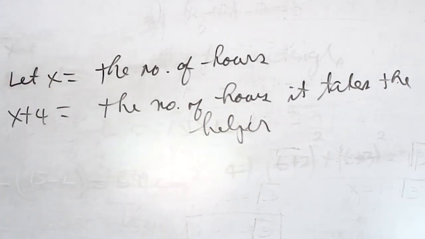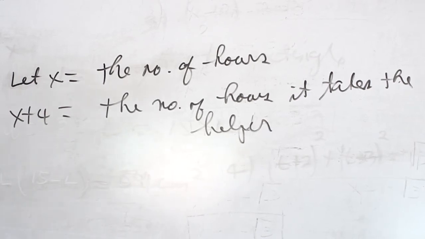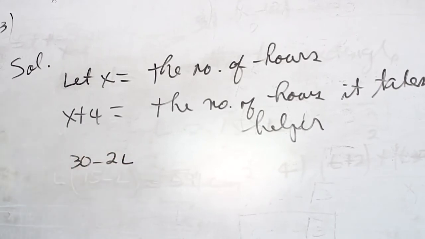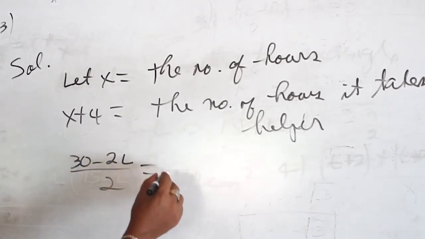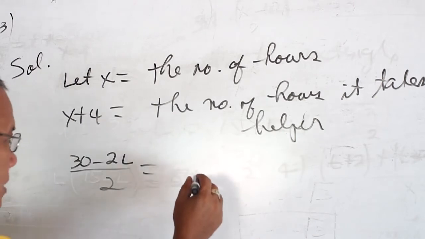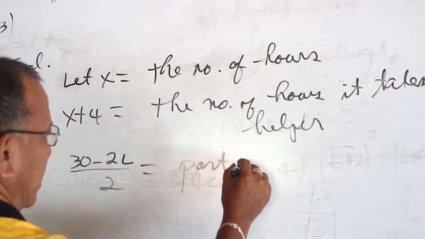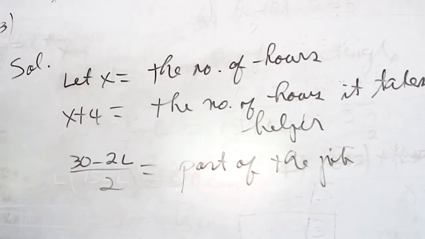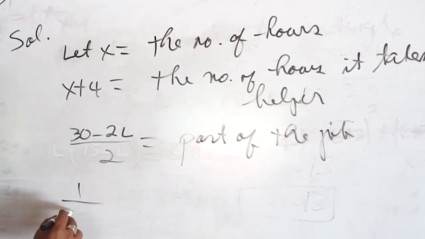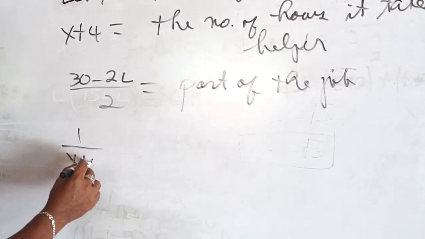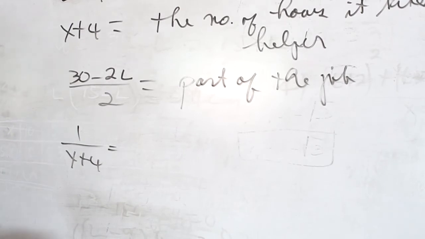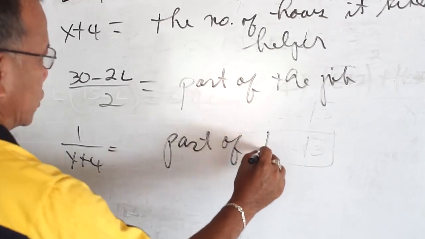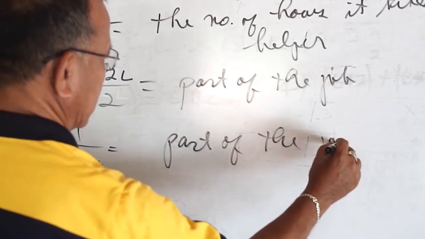Then 1 over x equals part of the job done by the mason, and 1 over x plus 4 equals part of the job done by the helper.